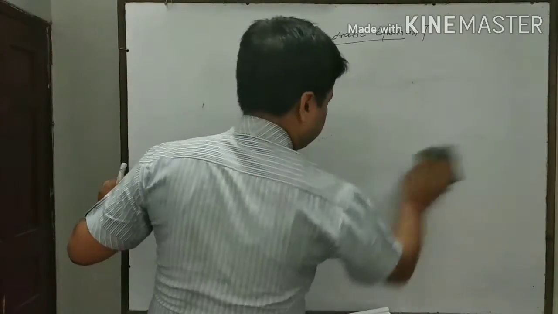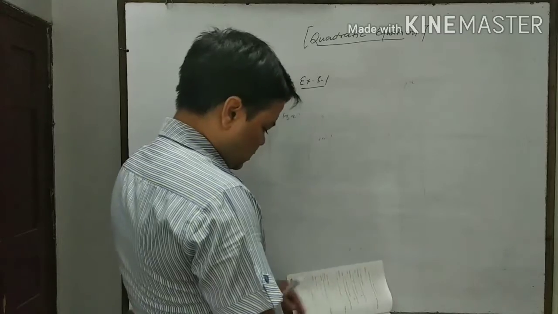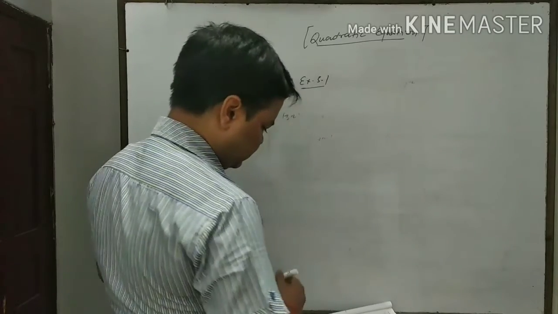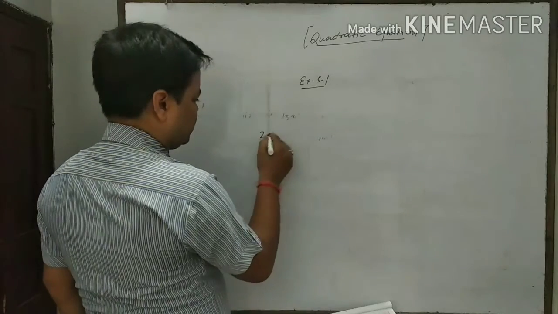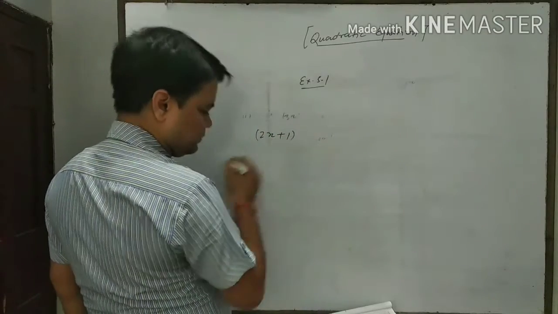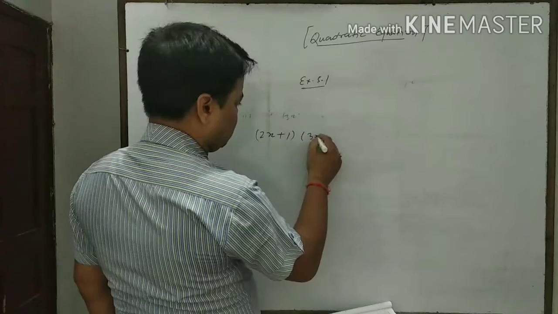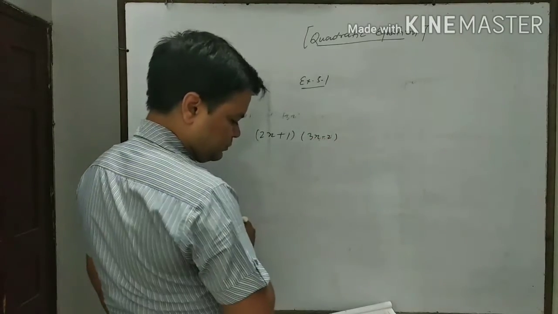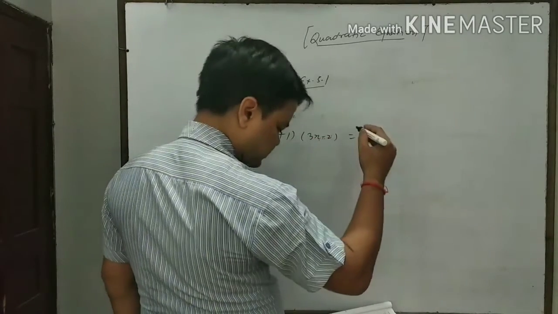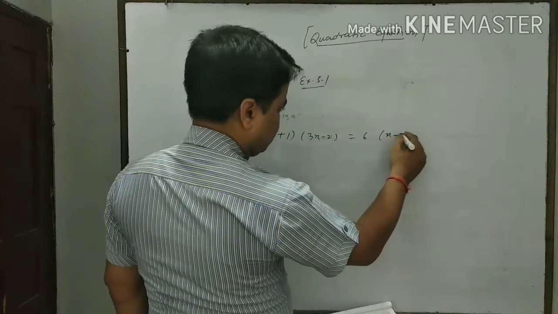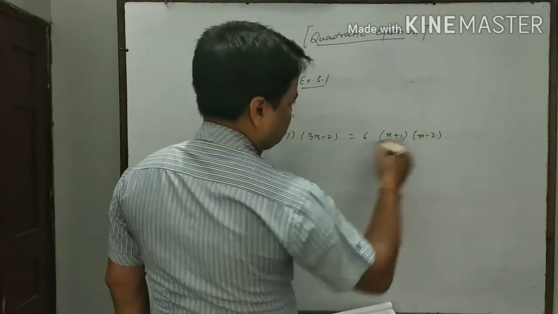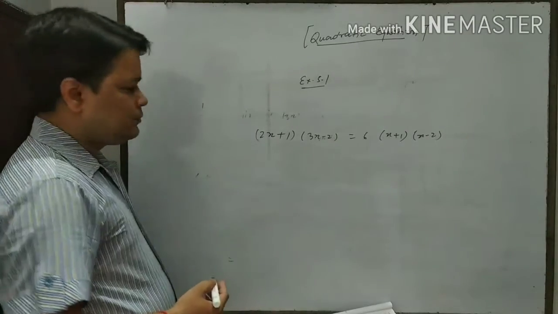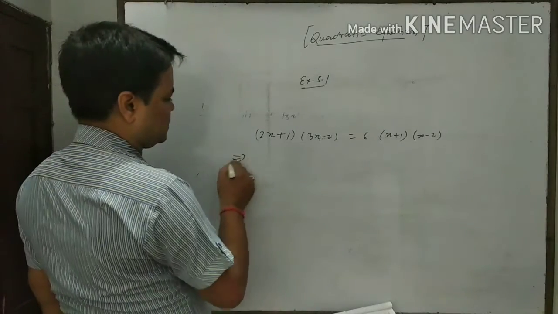One more question is given. Check whether the following are quadratic equations, and the question is this: 2x plus 1 times 3x minus 2 is equal to 6x plus 1 times x minus 2. So let us solve this.